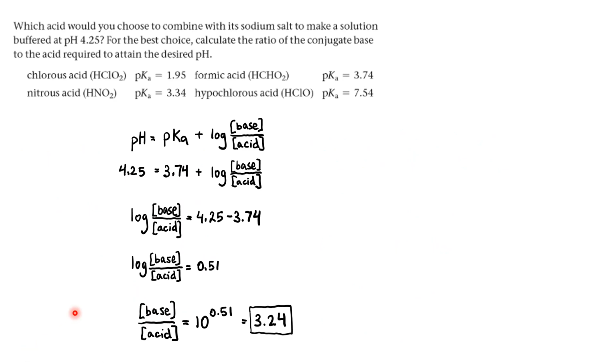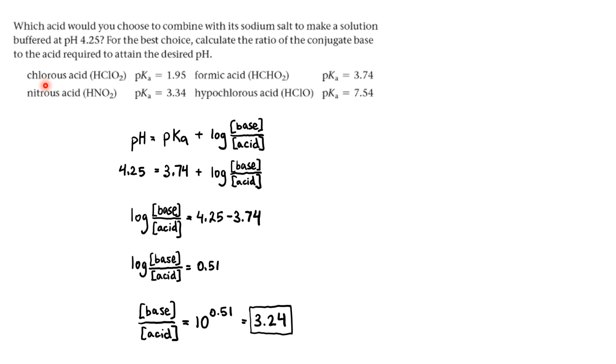And then we did a practice problem on all of this. We talked about this, right? If you're given a problem, this could be an ACS question where you're asked which acid would you choose to combine with its sodium salt, which is just the conjugate base, to make a solution buffered at pH 4.25.